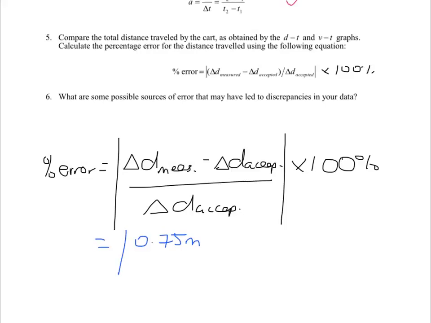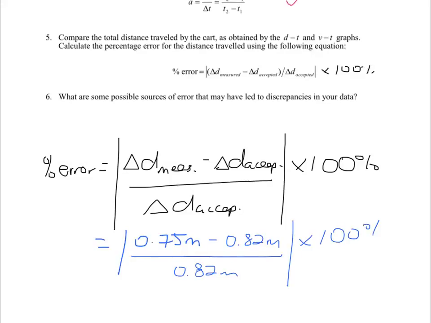And for my delta D accepted, let's just say 82 centimeters, so minus 0.82 meters. All of that divided by my delta D accepted again, 0.82 meters. Absolute value, all that multiplied by 100%.